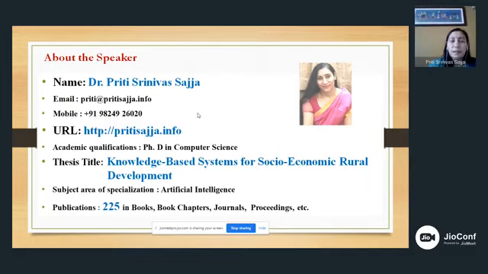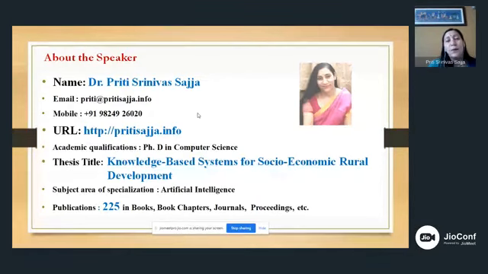When there is a scarcity of basic amenities and infrastructure in rural areas, how can AI help, with scarce resources and in a difficult, challenging situation, in giving the benefit of artificial intelligence and computerization to different socio-economic rural development aspects?